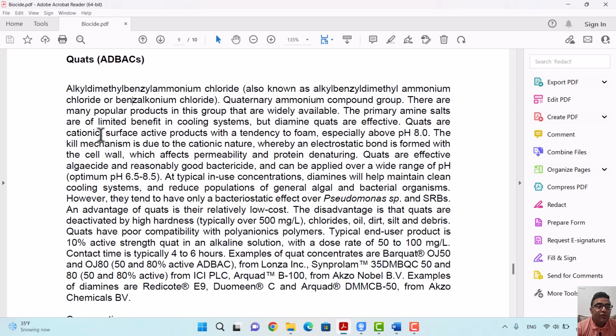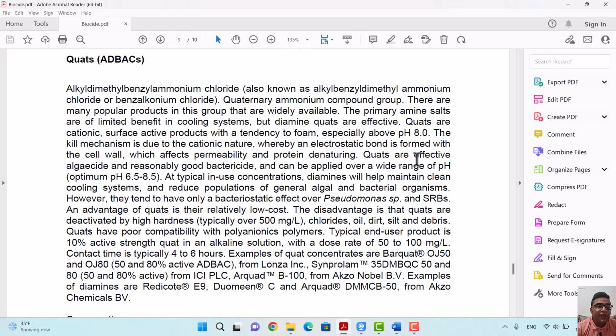Quats are cationic surface-active products with a tendency to foam, as I stated earlier, especially above pH 8. The kill mechanism is due to the cationic nature, whereby an electrostatic bond is formed with the cell wall, which affects permeability and causes protein denaturing.